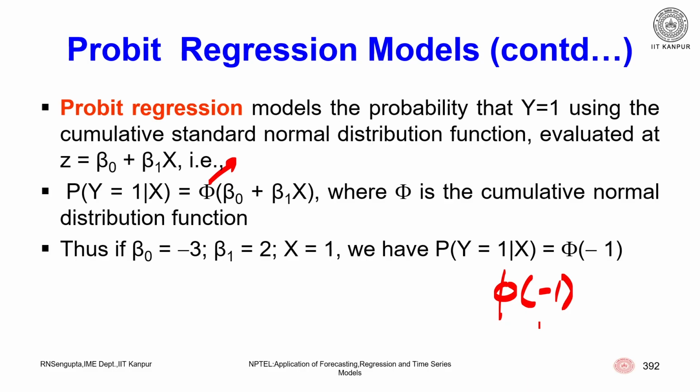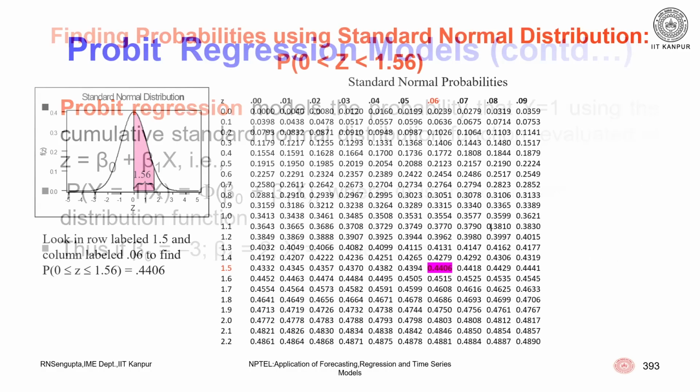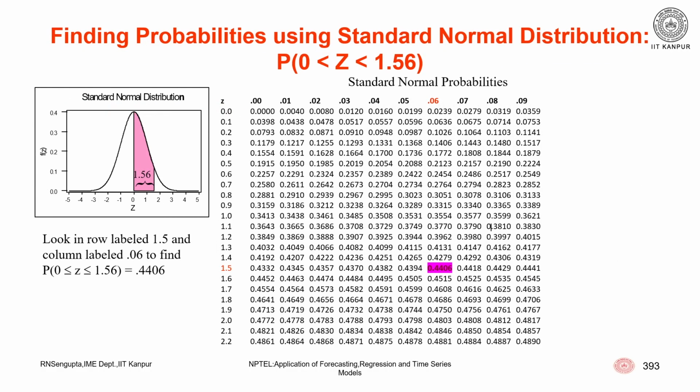Now, what is that? This is what we will show in a simple standard normal deviate table. This is the standard normal deviate table, which we have all encountered. In the left panel you have the standard normal distribution graph drawn. This is the PDF value, we need that only.